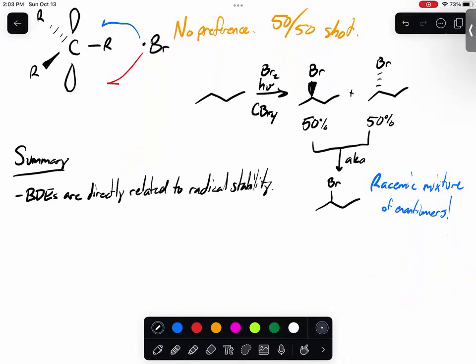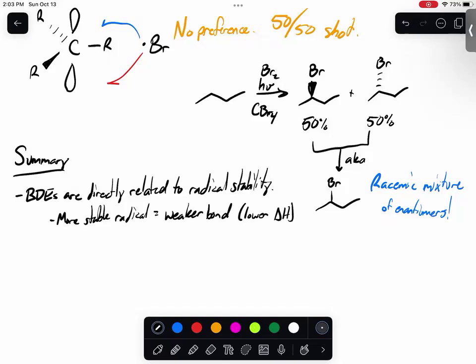That being said, a more stable radical indicates a weaker bond, aka a lower delta H.